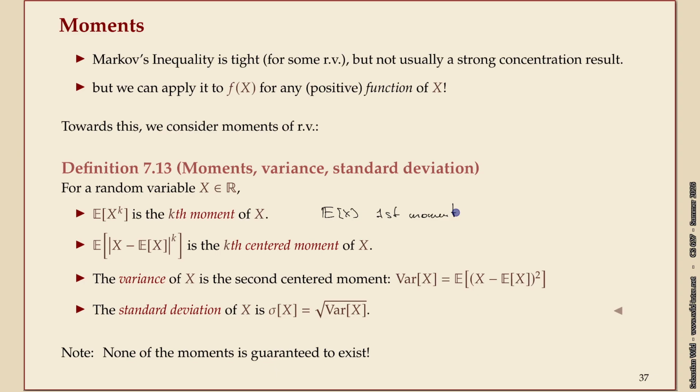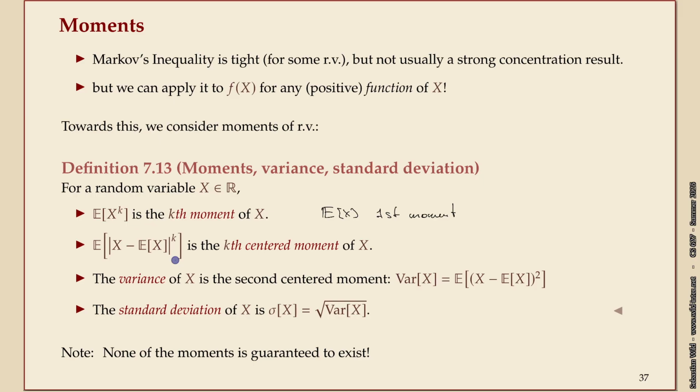Sometimes people call it like that. There are two flavors. The kth moment in this case is the pure moment, just taking powers. Often more convenient is to take the centered moment and also take absolute values. So you take X, you subtract the expected value so that the result has expected value 0 now. But then you raise it to the kth power.